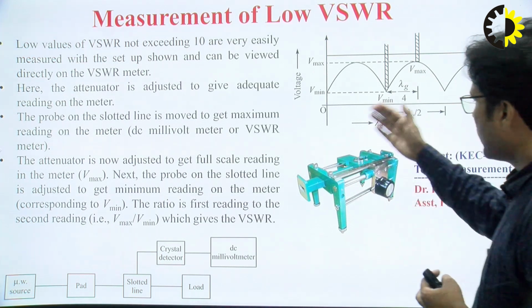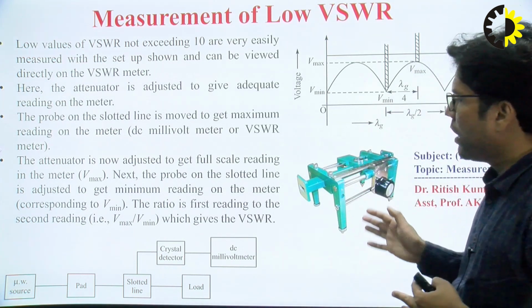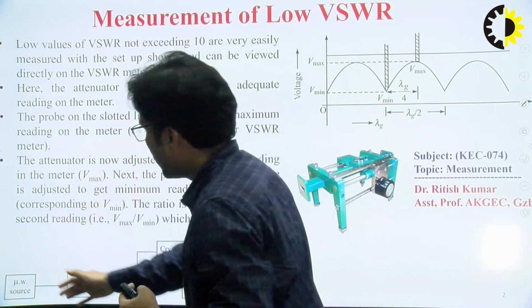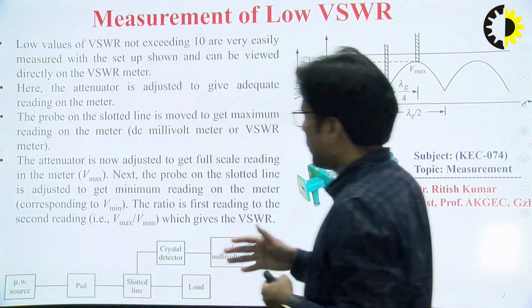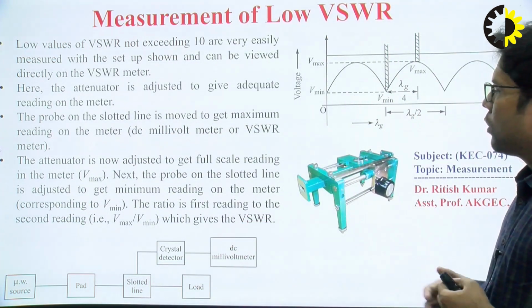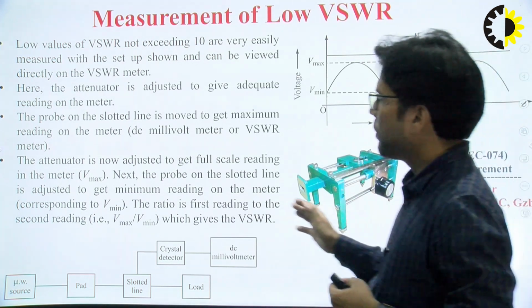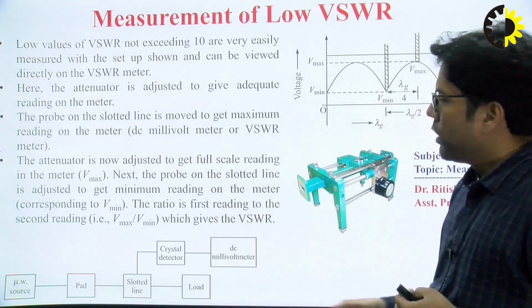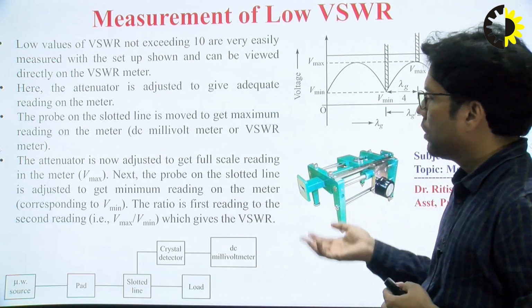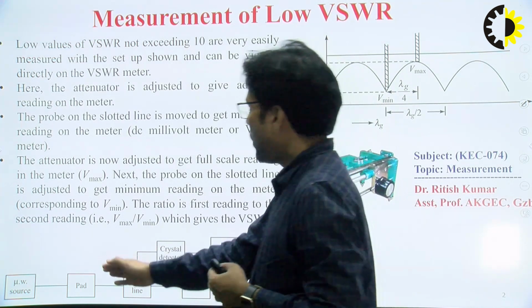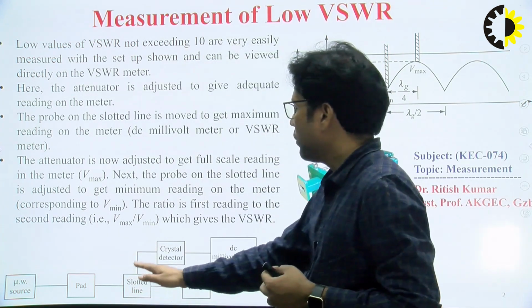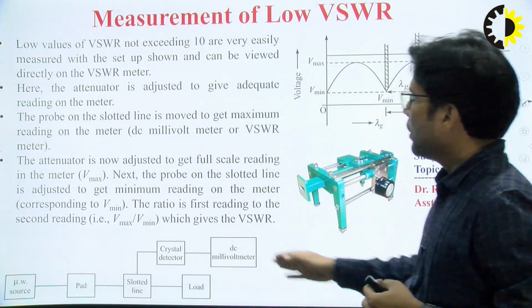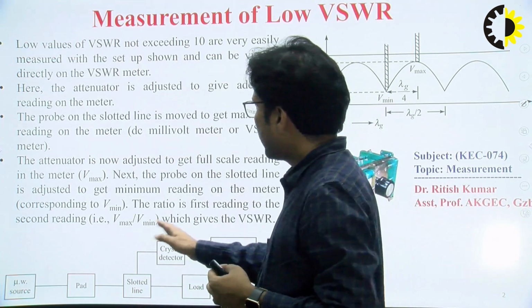This is a microwave source, where in the lab we are using a reflex klystron, then the slotted line section, that is the slotted waveguide section, to which we have connected a crystal detector.